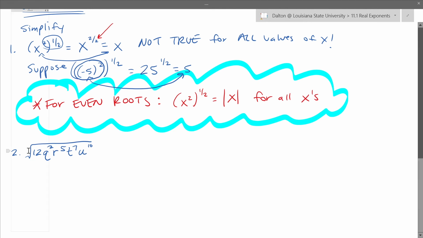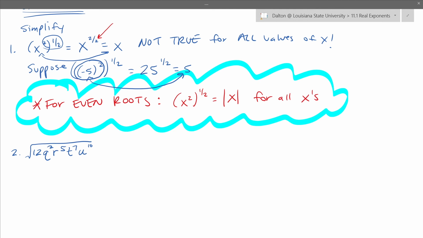Some of you may take the square root and put all of your exponents over 2, converting all your internal terms to rational exponents: 12 to the 1/2 power, q to the 2 over 2 power, r to the 5 over 2 power, etc. My brain approaches this problem in such a way that I want to break up all of my terms to be square numbers.